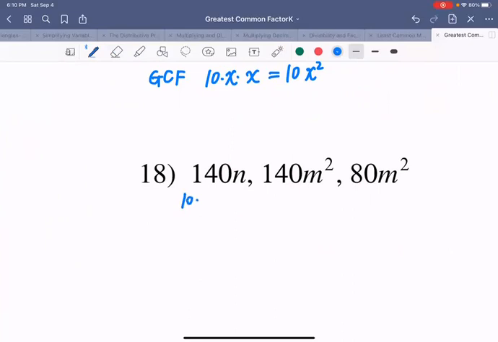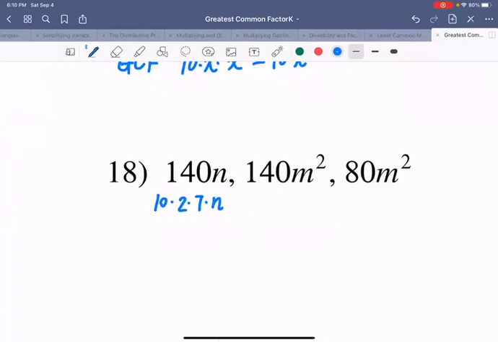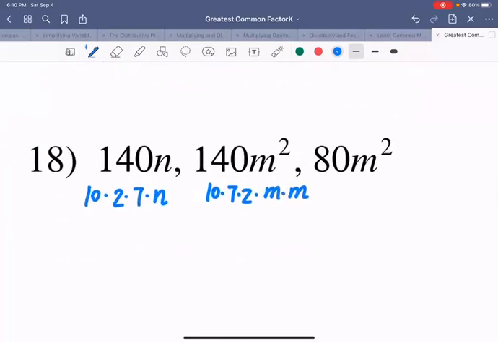Can we, please? Go ahead. Times n. And then 10 times 7 times 2 times n, times m times m. Good. Last one, please. 8 is 2 times 4.